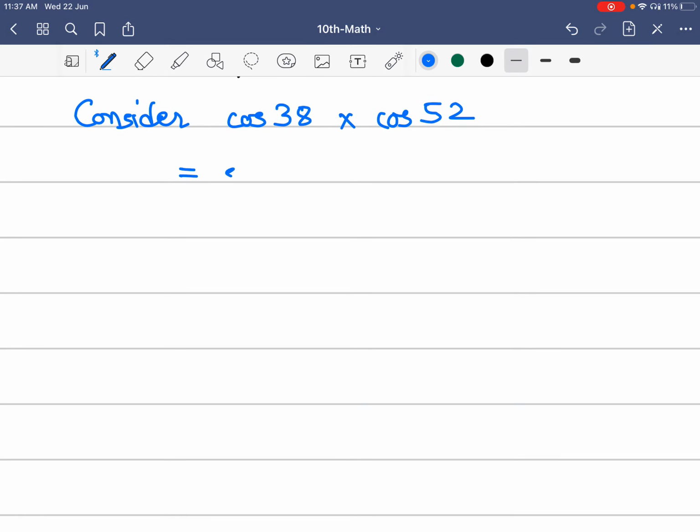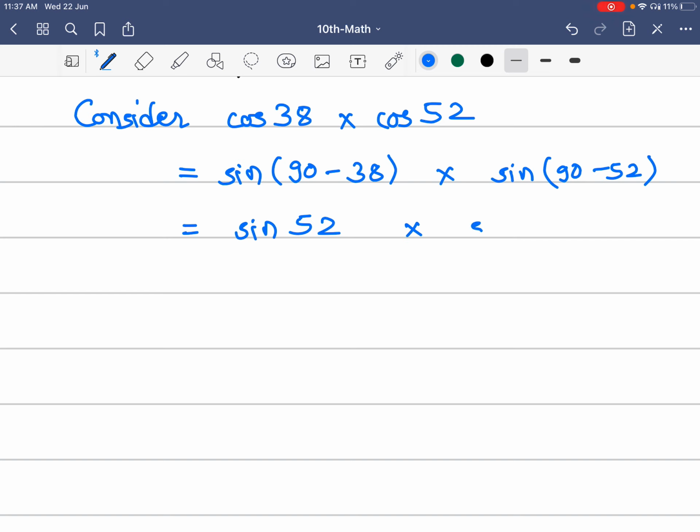So that will be equal to sine of 90 minus 38 into sine of 90 minus 52. And that is equal to sine of 90 minus 38, which is 52, into 90 minus 52, which is 38.